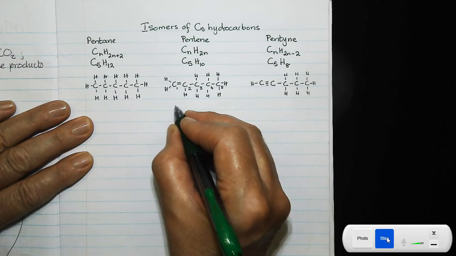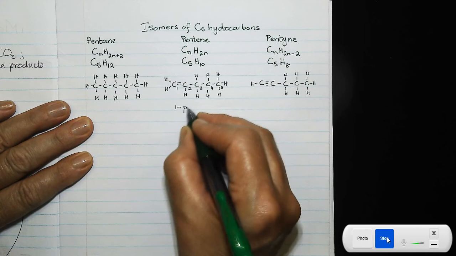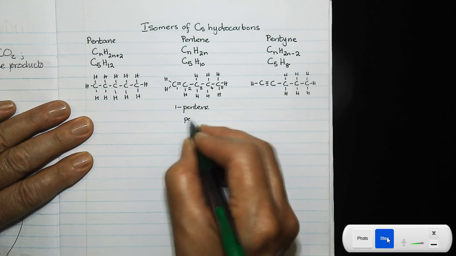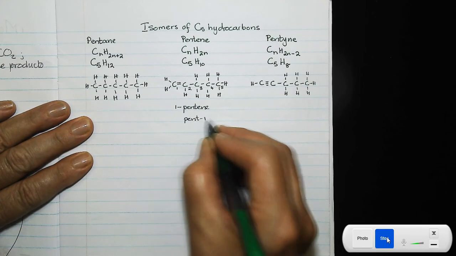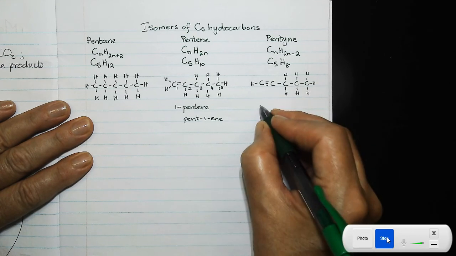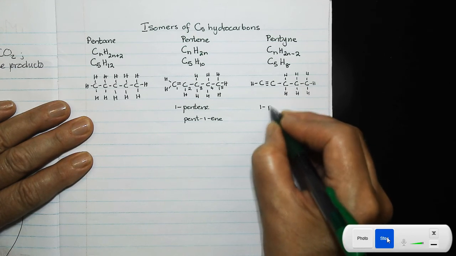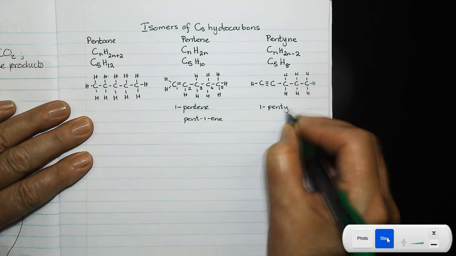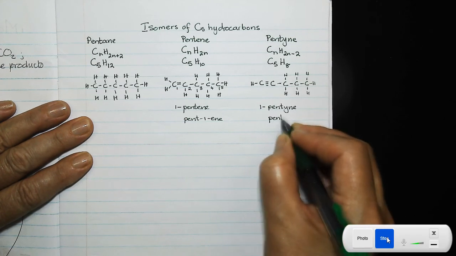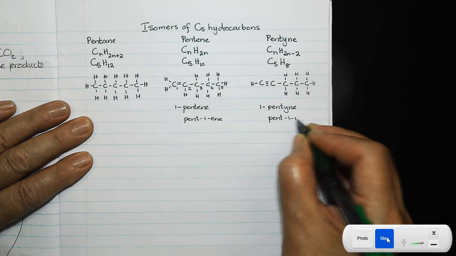So this is 1-pentene, or we could say pent-1-ene. This one is 1-pentyne, or we could call it pent-1-yne.